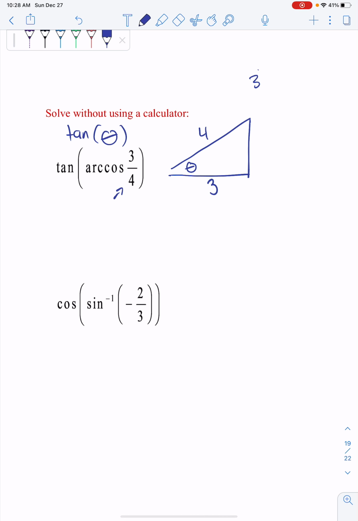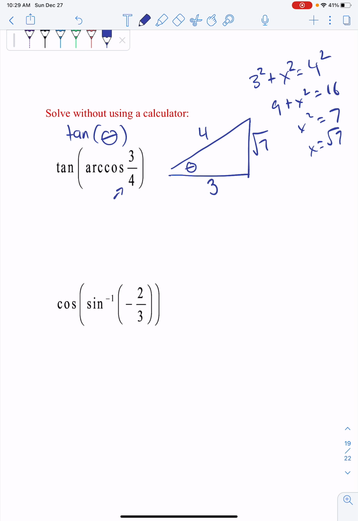So if we do a little bit of Pythagorean, 3 squared plus x squared is going to equal 4 squared. So 9 plus x squared equals 16, so x squared equals 7. So x equals root 7. All right, so this is going to be root 7 right here.